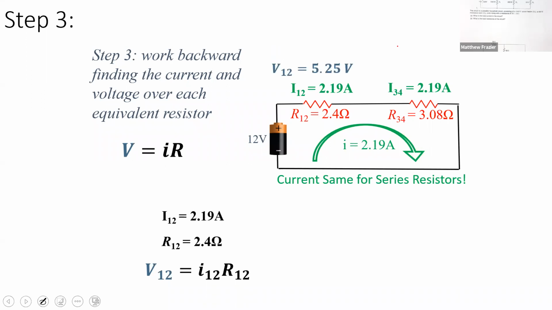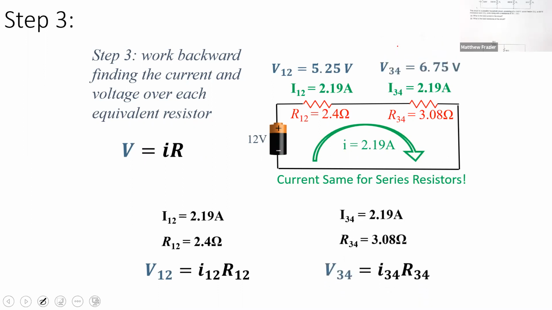And so that one is 5.25 volts when you calculate it. And that looks like 2 times 2.5 roughly. So it works out. And then I34 is going to be about 2 times 3, so about 6 volts, 6.75. And when you add those two together, you get 12 volts for the battery. So your math checks out.